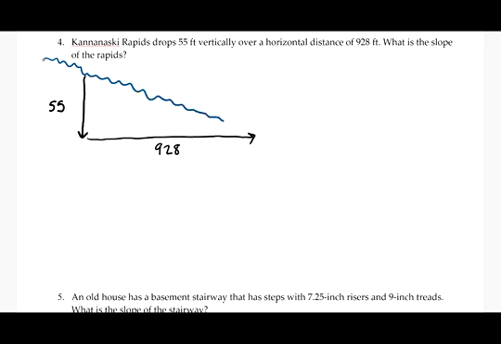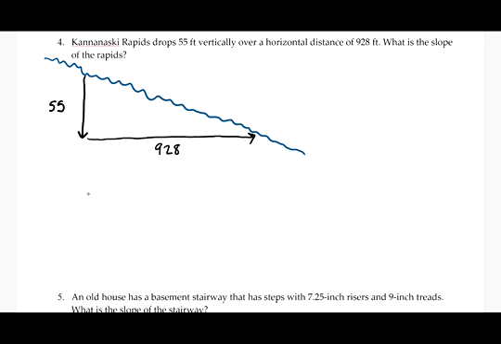And we're given that it drops vertically by 55 feet over a horizontal distance of 928 feet. Okay, so the river is sort of flowing downhill, maybe down a mountain or a hillside, something like this.